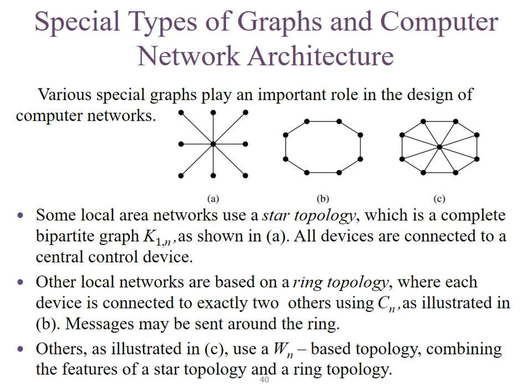So now we can combine these two topologies. Okay, so if you use this topology with this, then we can have a ring outside, and we can have a wheel with the server at the center.